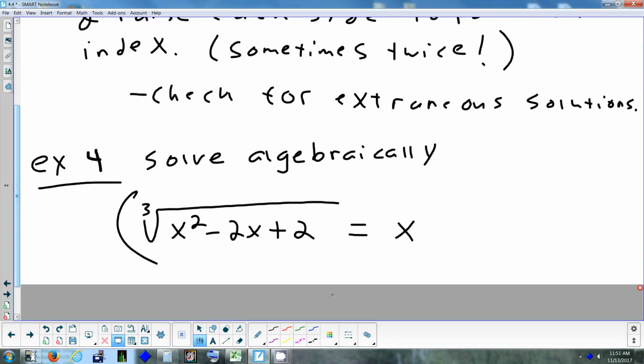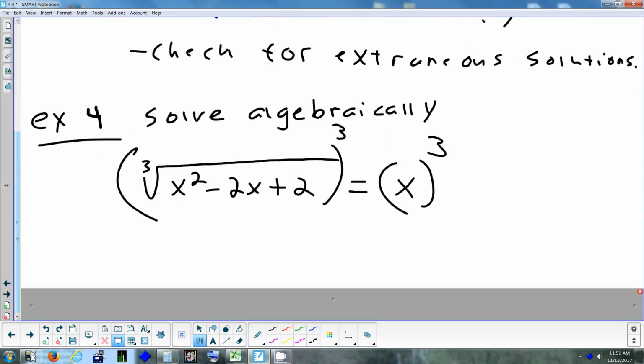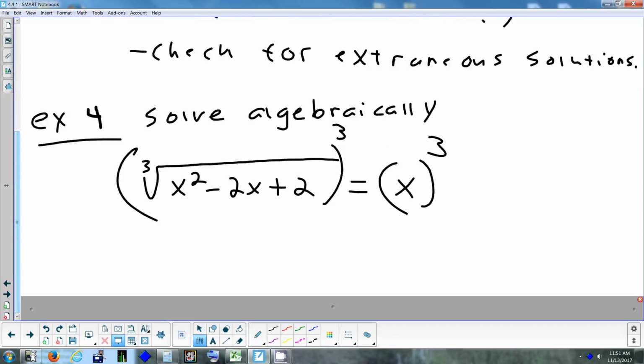Right, so we're going to cube what's on the left, cube what's on the right. Casey, what happens when I cube what's on the left? It cancels out the cube root. So when you cube, those two things cancel each other out.